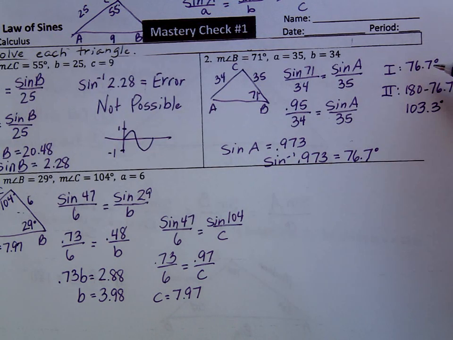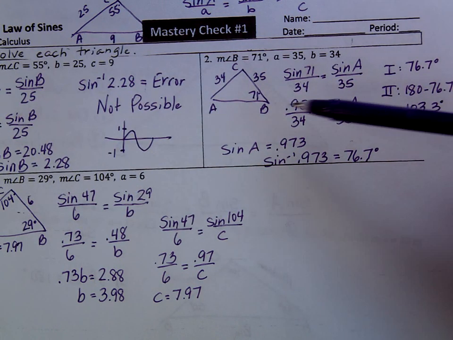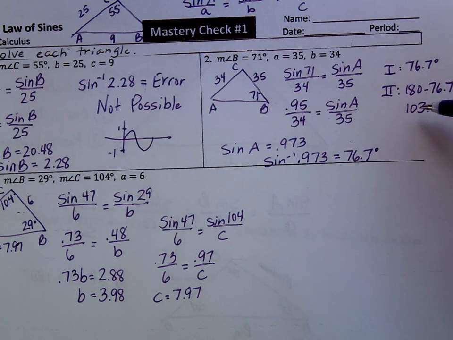Yeah, there's stuff left, right? There's room left. If I put 103 degrees with this, 103 would give me 174 degrees. Is there enough left for a third angle? And there is. It might be small, but there's enough there. So what happens with this is it could be 76.7 or it could be 103.3 because there's still room left for a third angle in the triangle.